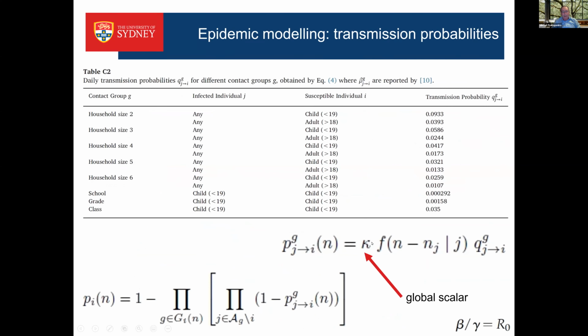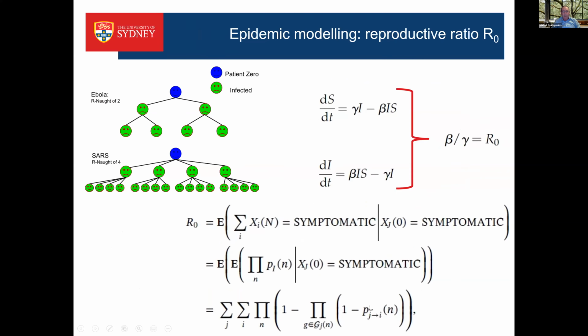It's an input parameter, but how do you know what R naught it results in? You essentially run a very abridged simulation, maybe 10,000 times. In this abridged simulation, you infect one person at random and see how many people get eventually infected. And it's abridged because every infected person does not infect anybody else. So you only count immediate secondary infections. And that's what you sum up at the end.